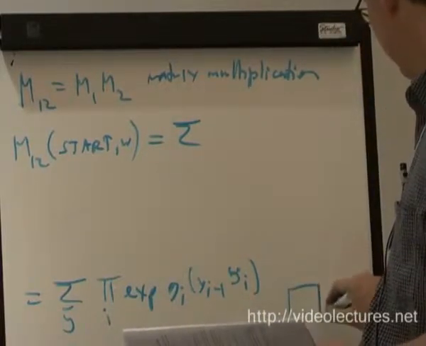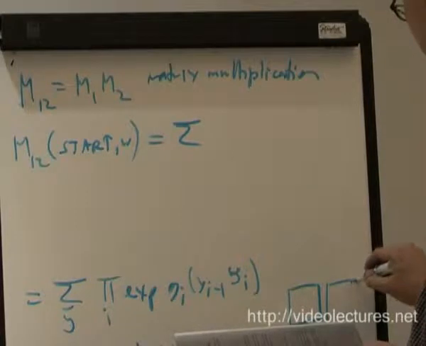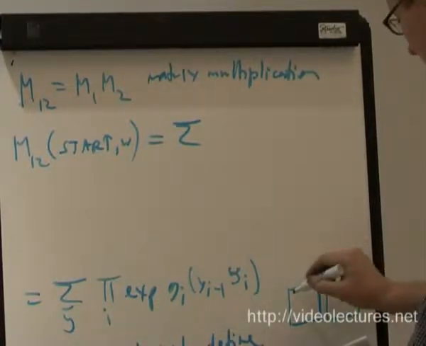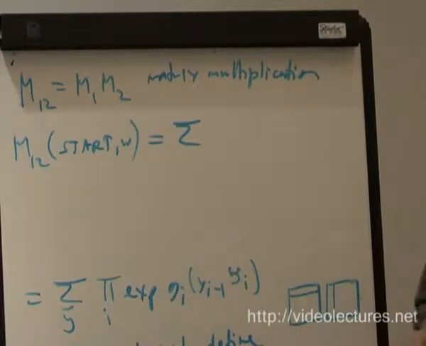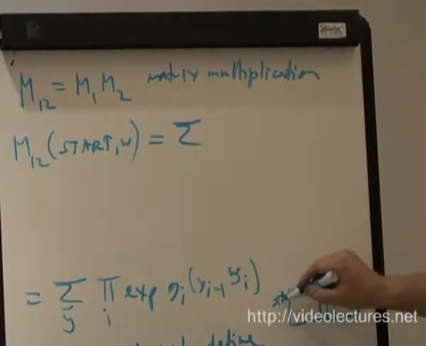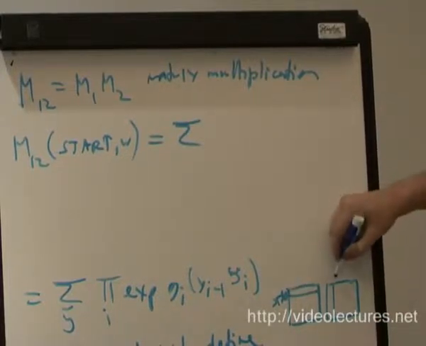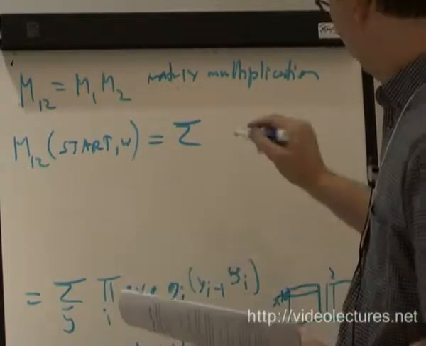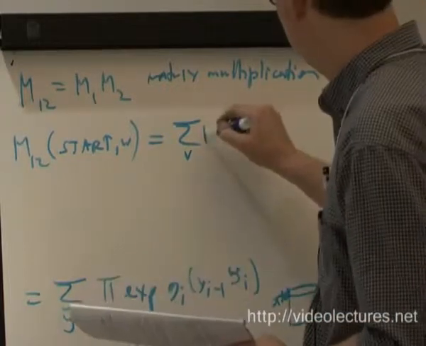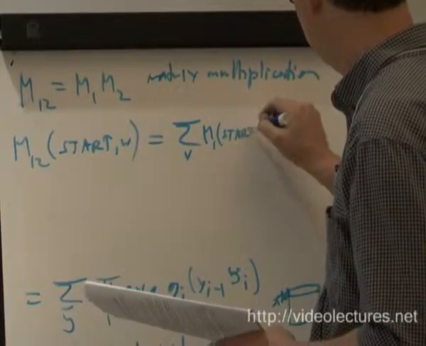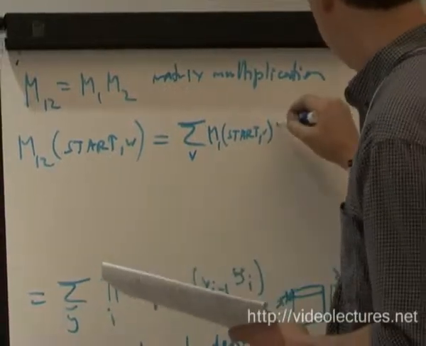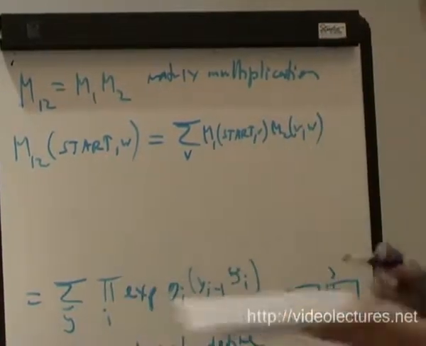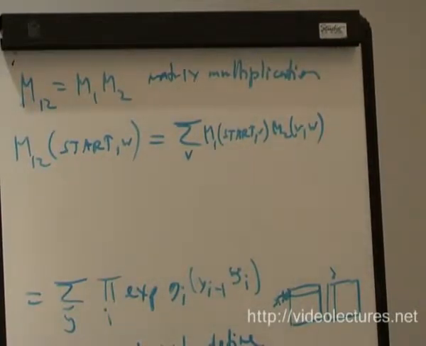I have one square matrix and I'm multiplying it by another square matrix, and so I take one row here and then I multiply it by one column here, and that becomes the entry. So this would be start, and then this would be w. So that's just the sum over v of M_1 of start, v times M_2 of v, w. So this is just a definition of matrix multiplication.